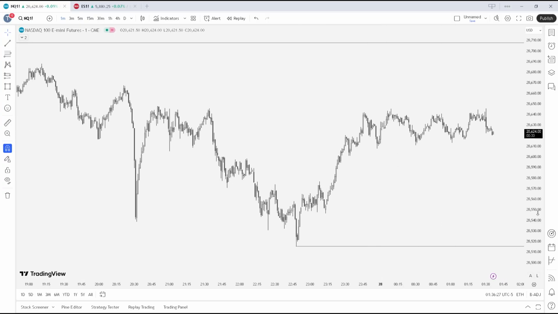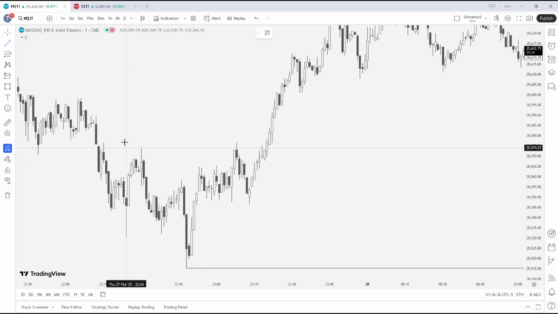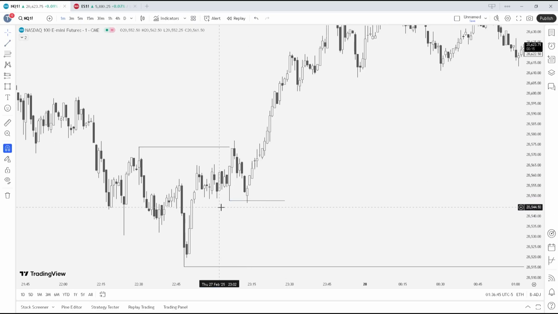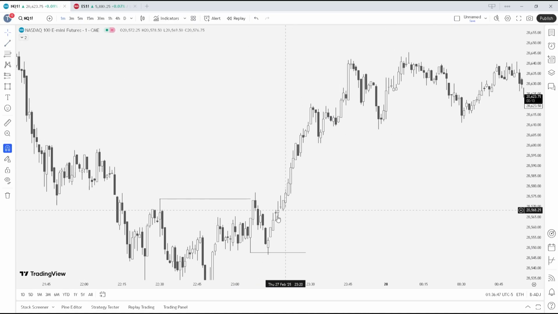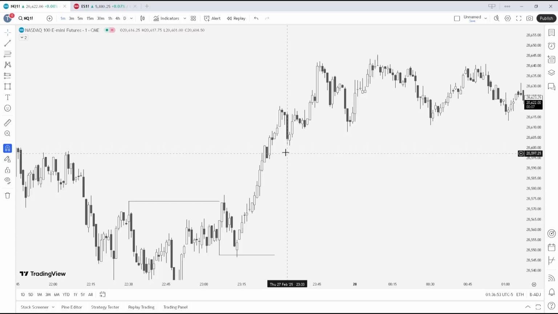So what you can see here, if we zoom in a bit, we have this internal range high that's made. We sweep it, we go lower, and then we sweep this low, and then we go higher. And then we can see here we have bullish structure. We're making higher highs and higher lows, right? So we have higher lows, higher lows, higher highs, higher highs.